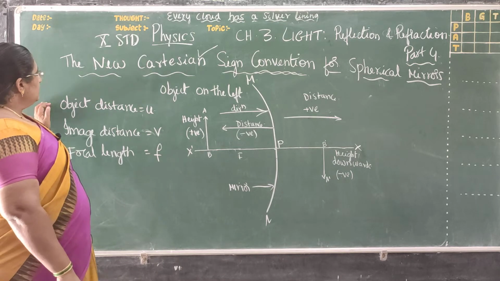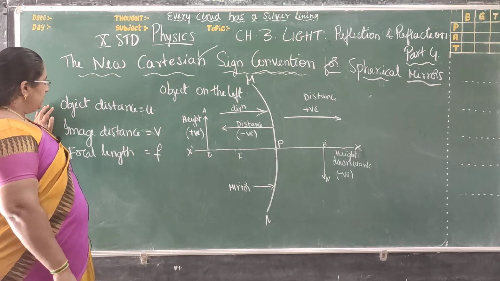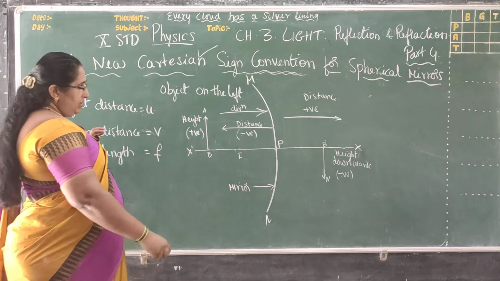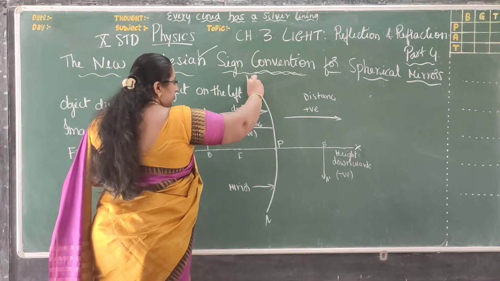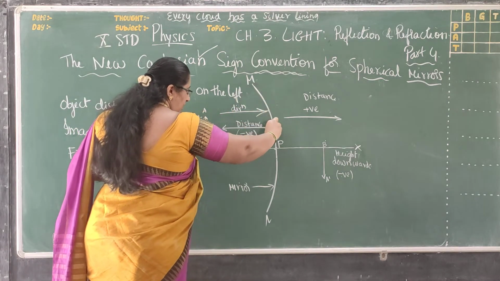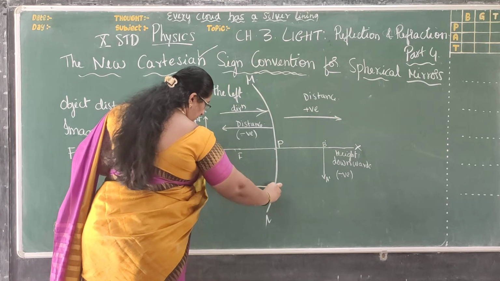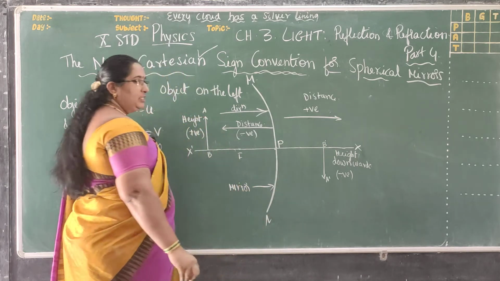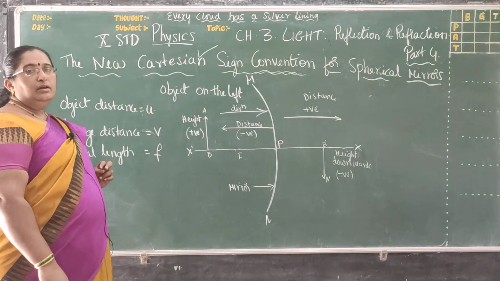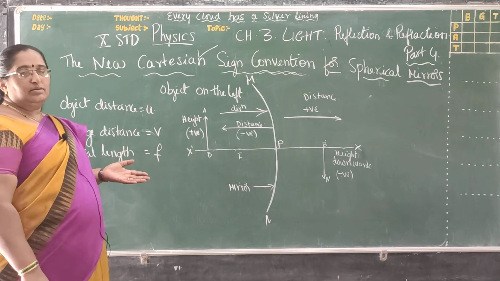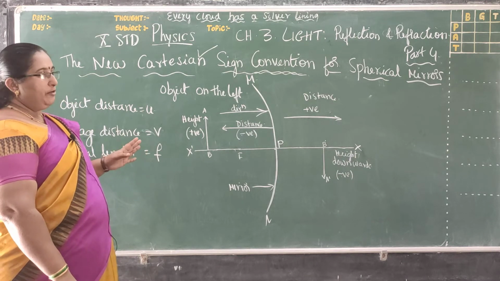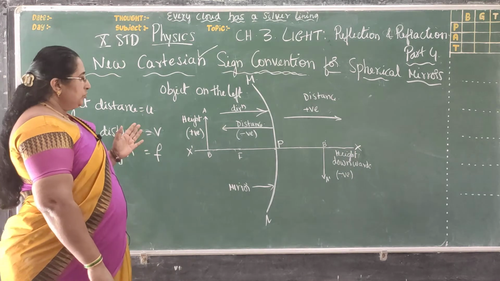To understand the new Cartesian sign convention, we have a spherical mirror, and this convention is applicable for all spherical mirrors and for all situations. It is irrespective of the type of spherical mirror and the position of the object.